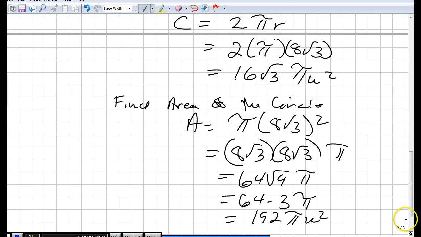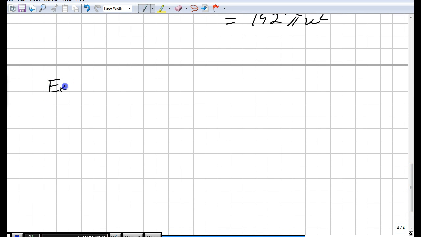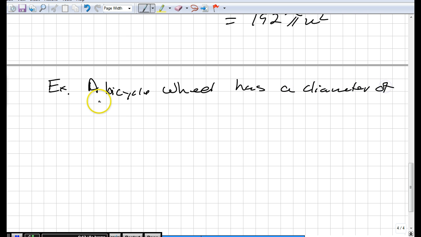All right. Example 2. This is how you might use some of these things in real life. A bicycle wheel has a diameter of 60 centimeters.